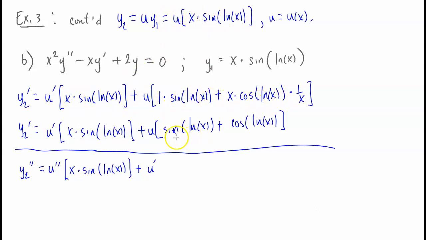So all this business here, which simplifies to this, is what the derivative of x times sine of natural log of x is. So saying all that to say that we want to reuse whatever we can instead of recreating the wheel here. Okay, and so that is what our second derivative here will look like for the first term.